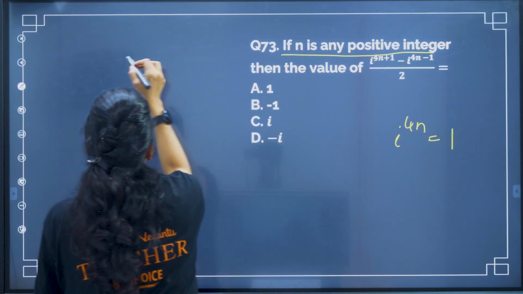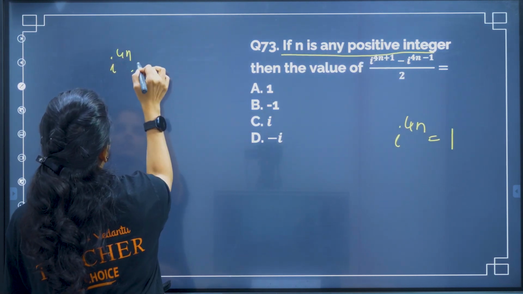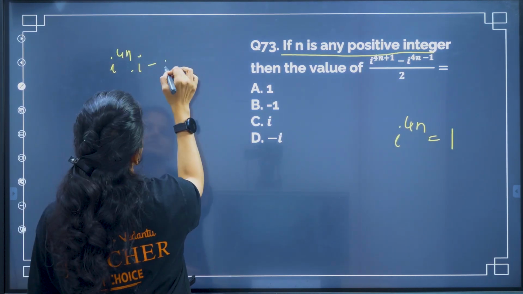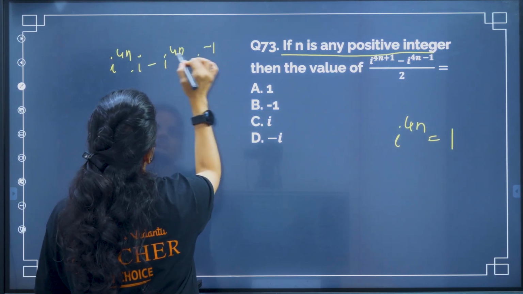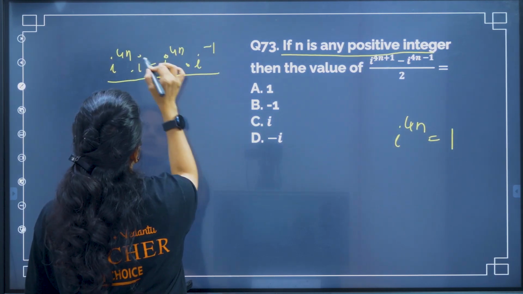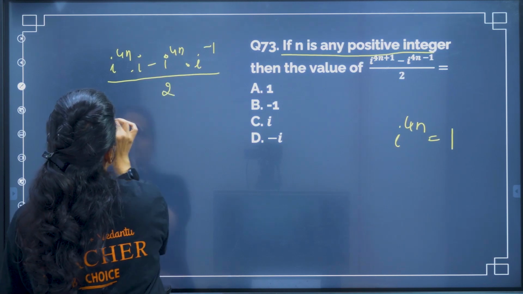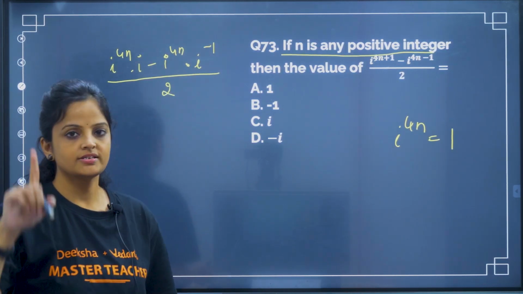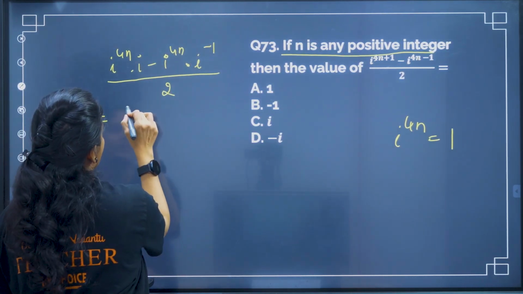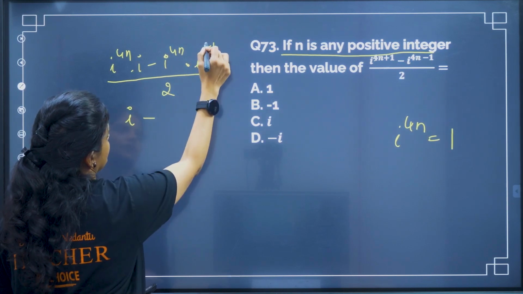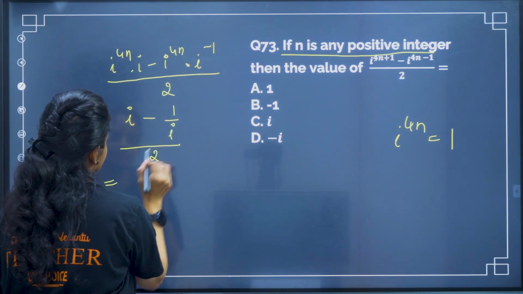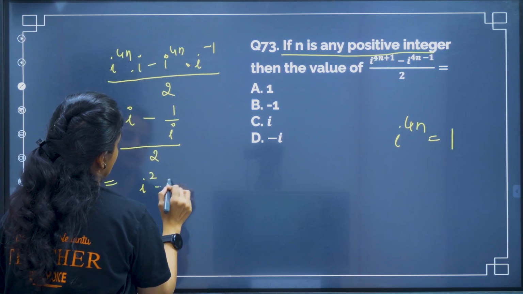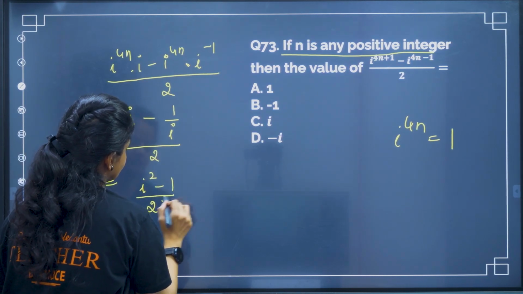So just separate the powers. i to the power of 4n into i, minus i to the power of 4n into i to the power of minus 1, divided by 2. Wherever i power 4n is there, that is 1. So i minus i to the power of minus 1, which is 1 by i, divided by 2. i squared minus 1 divided by 2i.